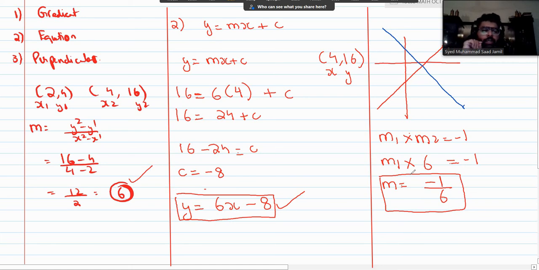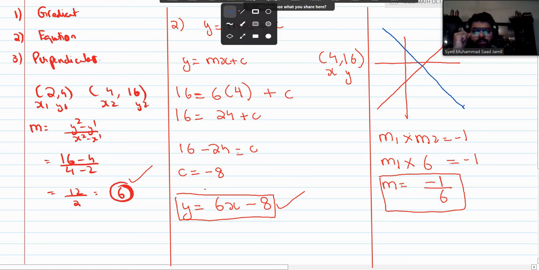Equation of perpendicular line. Let's say the question tells us, let me make space first.